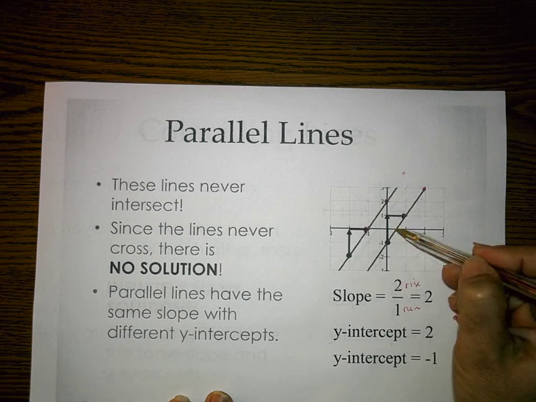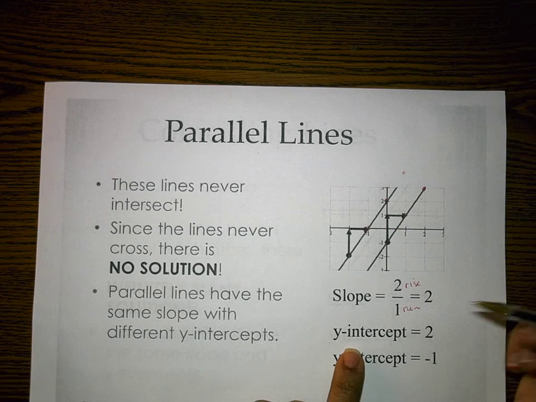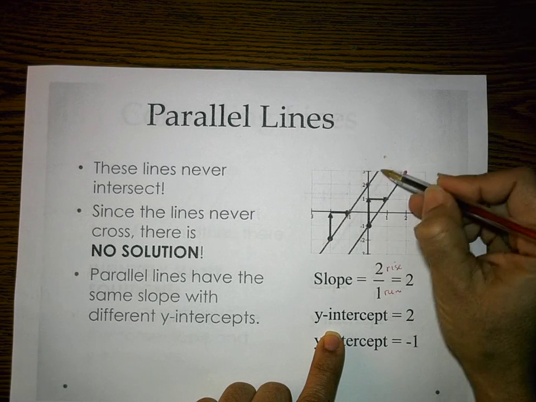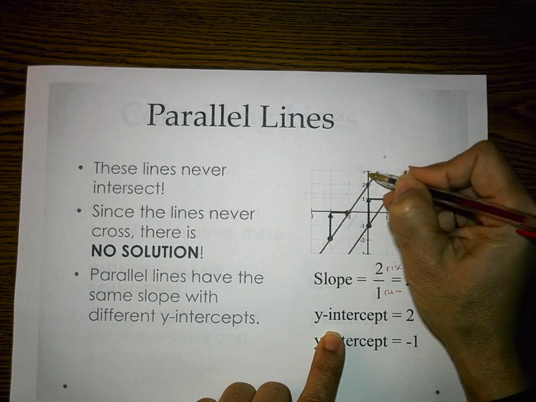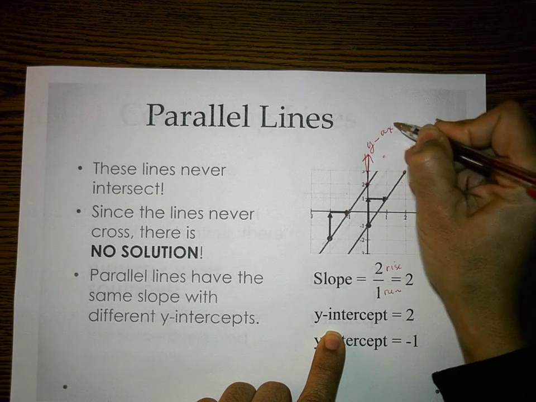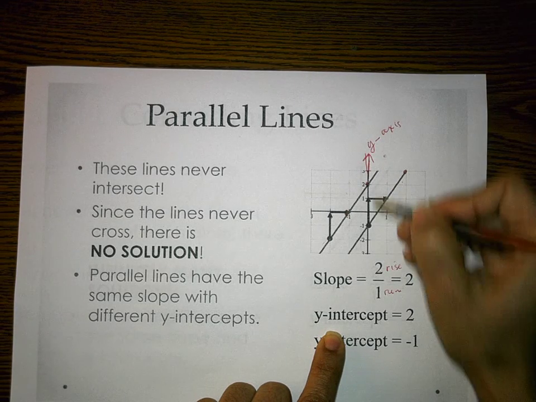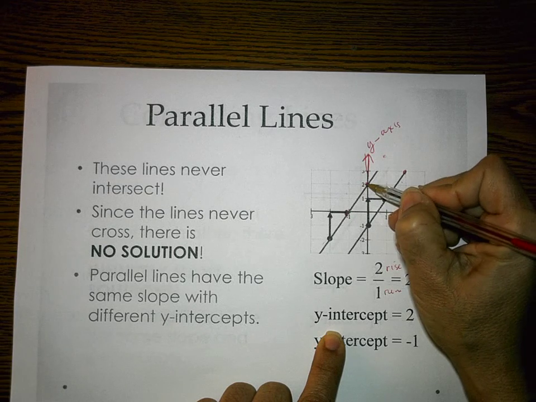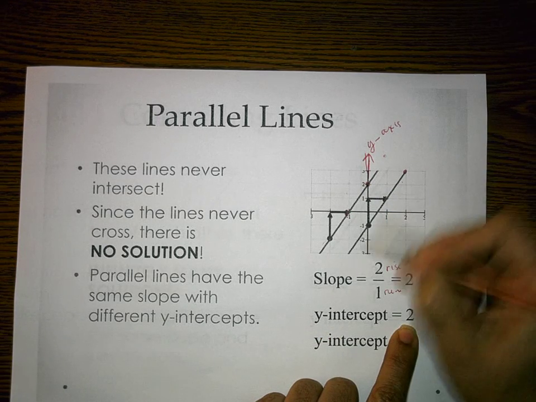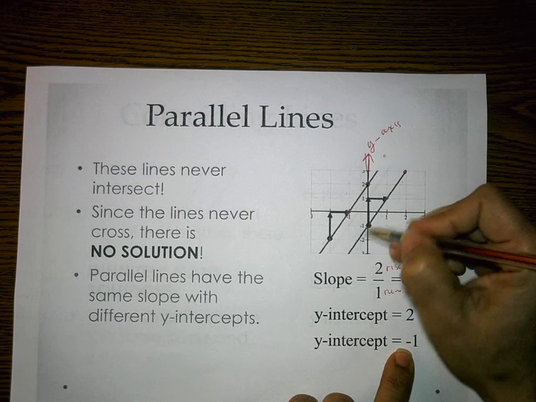They have the same slope, but they have completely different y-intercepts, as you can see here. This line over here touches the y-axis at y equals 2. But this other line touches the y-axis at -1.